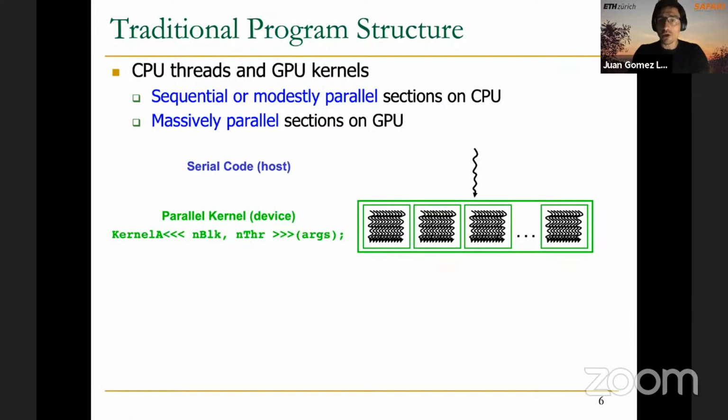The groups that we form with the whole grid of threads are called thread blocks, as you may remember. And this is what we use in the execution configuration, where we define the number of thread blocks and the number of threads that we launch onto the GPU.